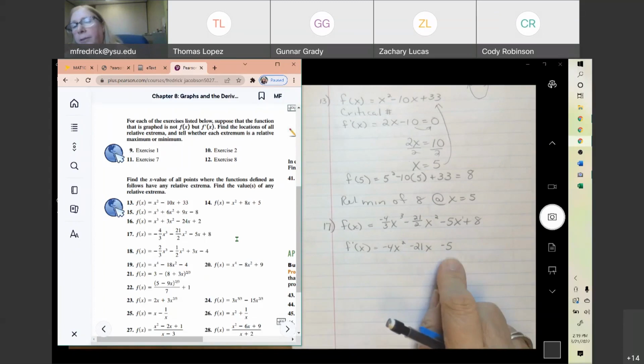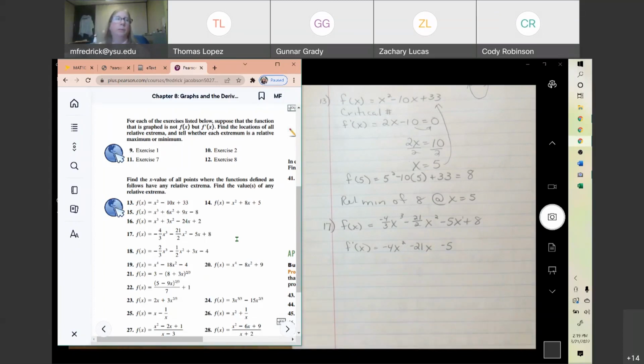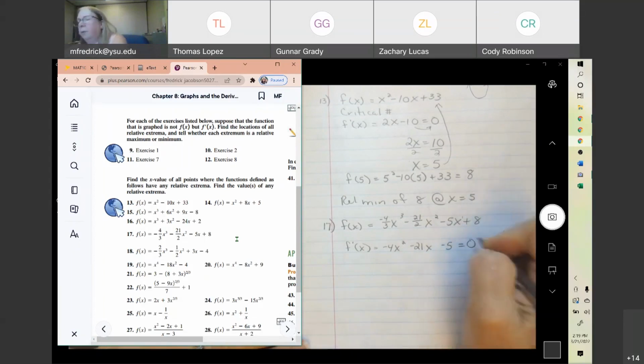Would you try factoring it, or would you use the quadratic formula? Does anyone have a preference? Factor, okay. We're setting it equal to 0, so we can factor.